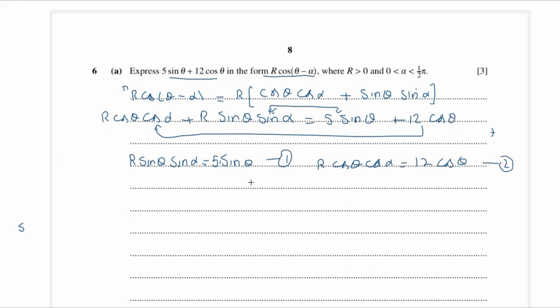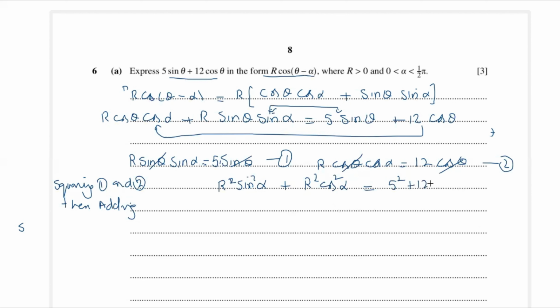Now squaring equations 1 and 2 and then adding, we get r square. Firstly, sine theta cancels, cos theta cancels. Now we can write r square sine square alpha and r square cos square alpha. Now we add these values, and on the right side we get 5 square plus 12 square.